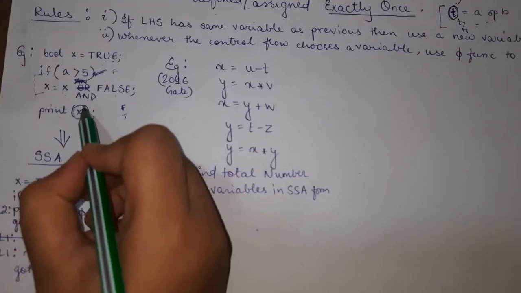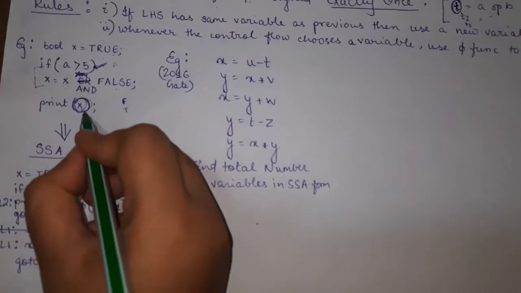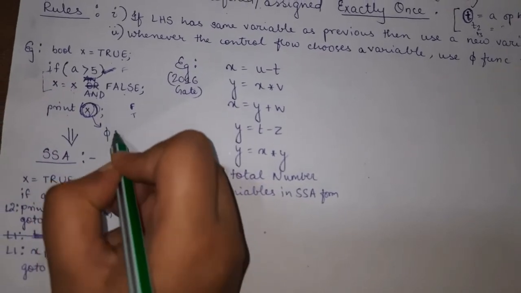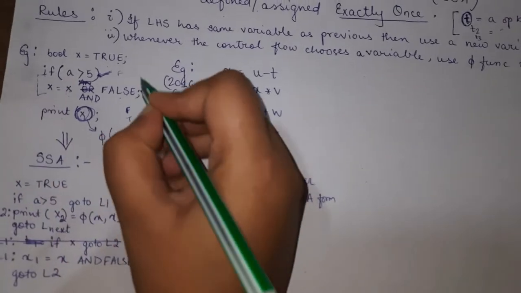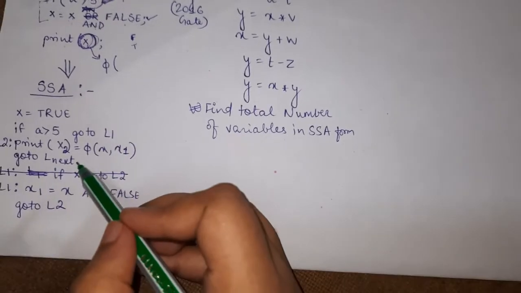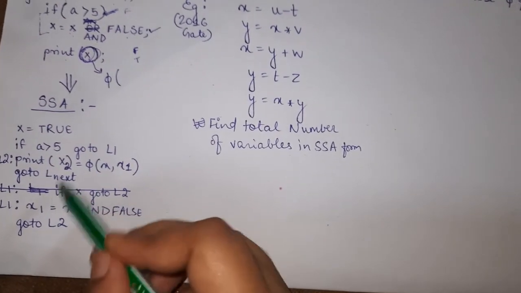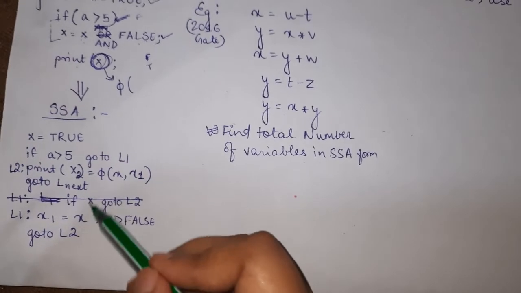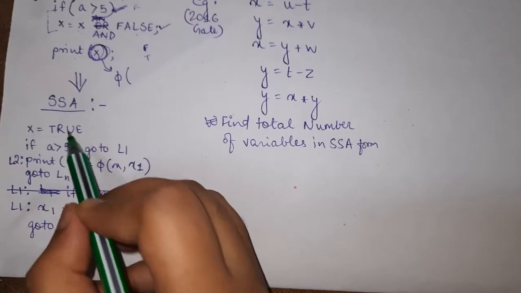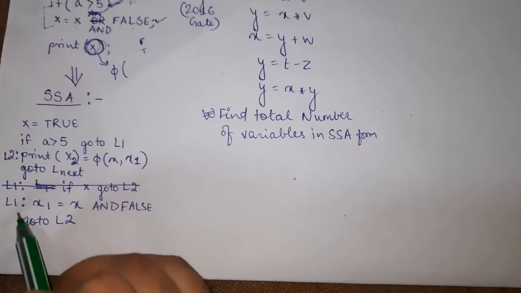Means when we write 3 address code for the statement print x, instead of x or x1, x2, we need to write phi of this variable and this variable. Suppose this is the SSA form of TAC, then first x equals true, then the if statement goes to L1.